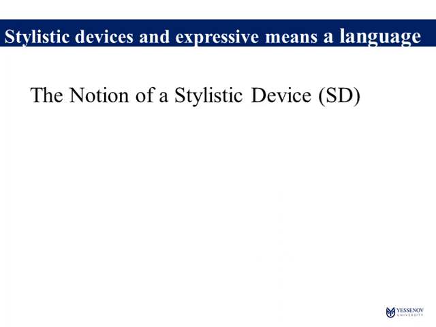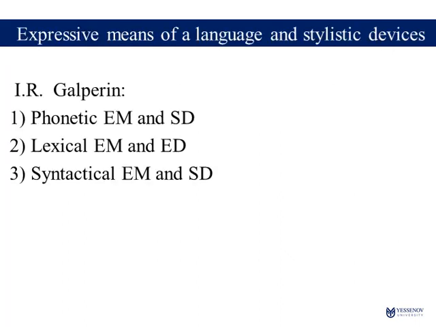A stylistic device is a literary model in which semantic and structural features are blended so that it represents a generalized pattern. Ilya Galperin's classification of expressive means and stylistic devices. The classification suggested by Professor Galperin is simply organized and very detailed.